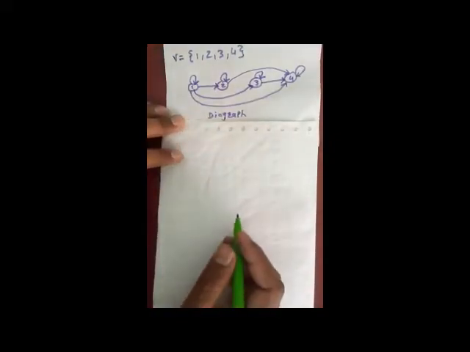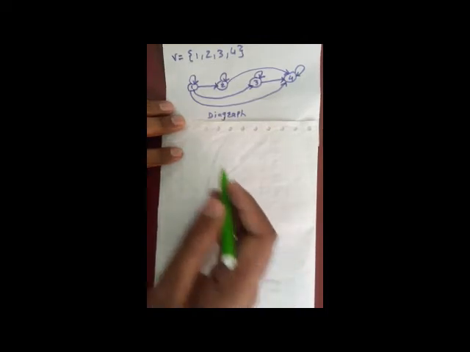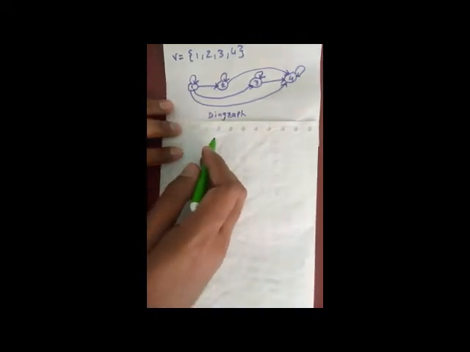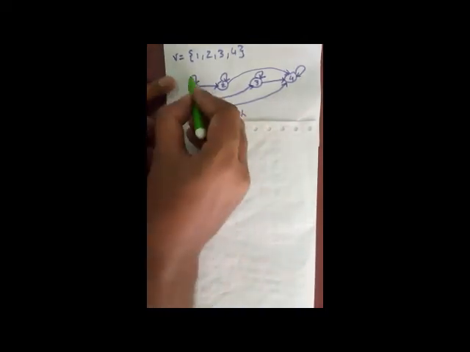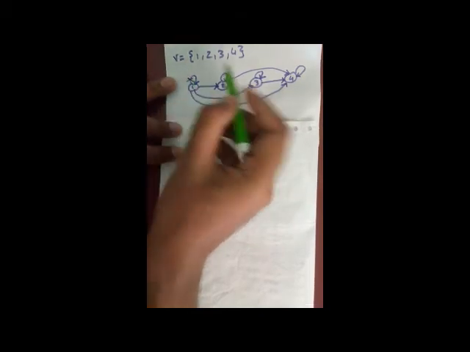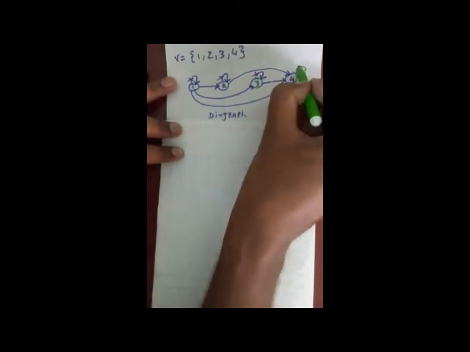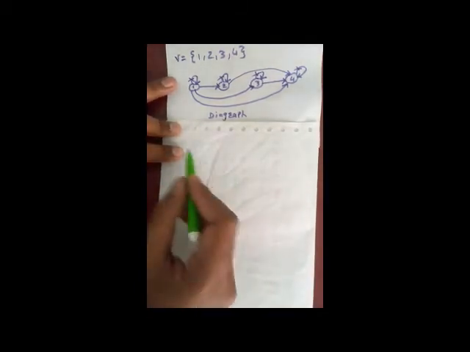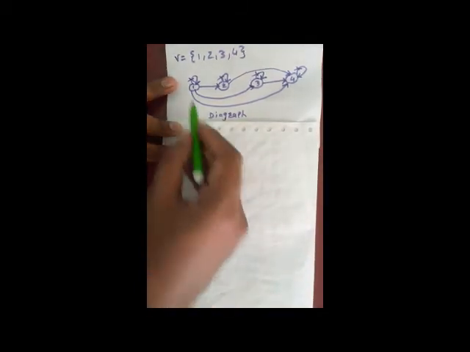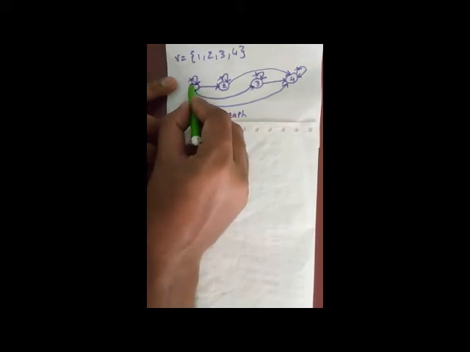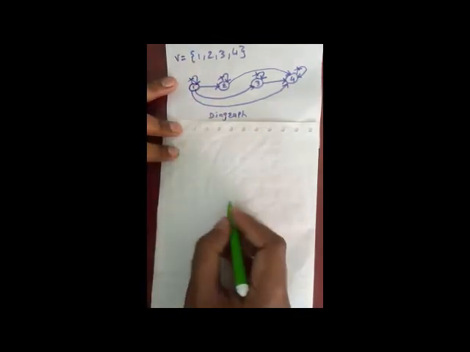So the third one is draw the Hasse diagram. To draw the Hasse diagram, first we have to remove the self loops, that is 1 comma 1, 2 comma 2, 3 comma 3, and 4 comma 4. Now consider first 1, right?